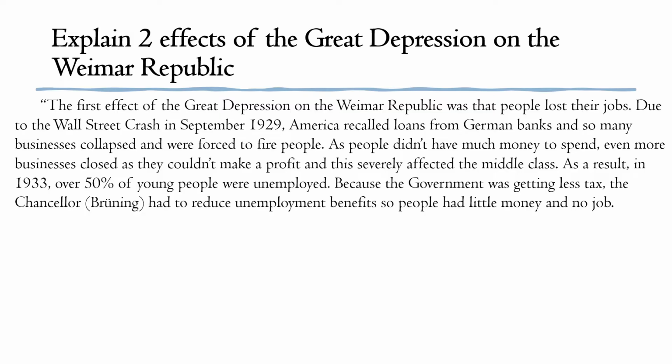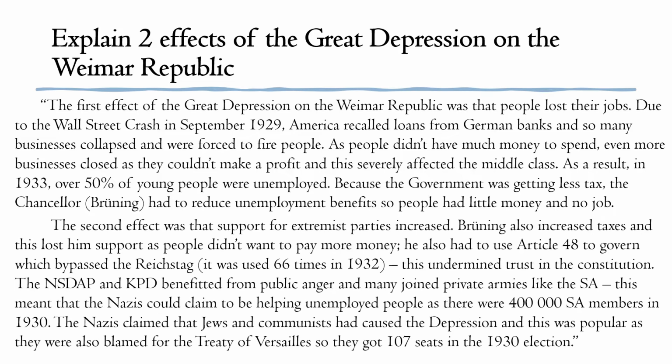As people didn't have much money to spend, even more businesses closed as they couldn't make a profit, and this severely affected the middle class. As a result, in 1933, over 50% of young people were unemployed. Because the government was getting less tax, the Chancellor, Brüning, had to reduce unemployment benefits, so people had little money and no job. The second effect was that support for extremist parties increased.